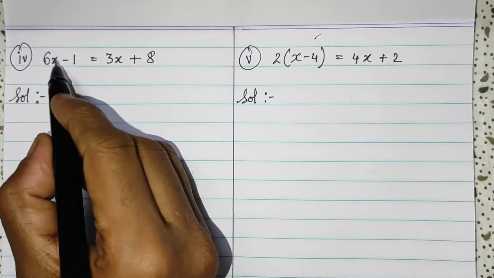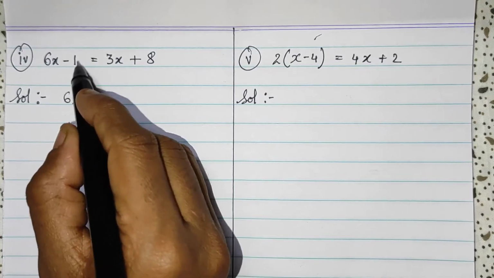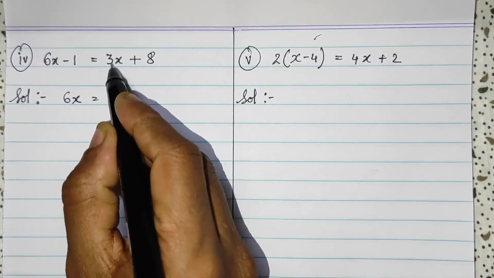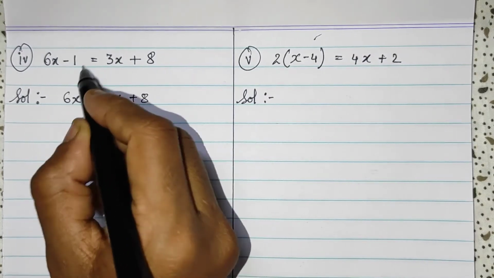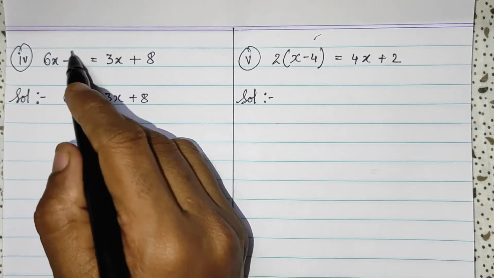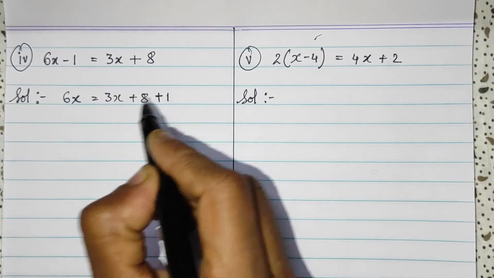Sixth sum. Now here you have 6x and this minus 1. Take this minus 1 over here. So 3x plus 8, and minus 1, when it changes its place, when minus 1 comes from here to here, it becomes plus.